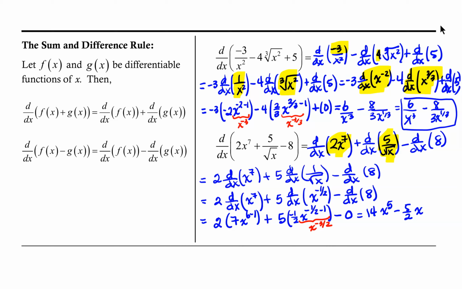So we have x to the negative 3/2 power here, and then minus 0, so we don't need to write that. So finishing this out, we have 14x to the 5th minus 5 over 2 times x to the 3/2 power as our derivative. I hope this helps.